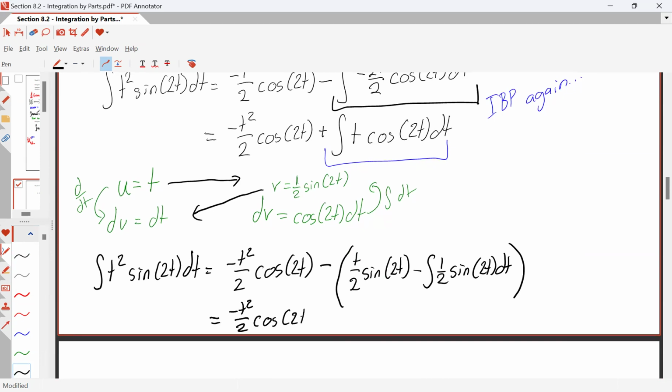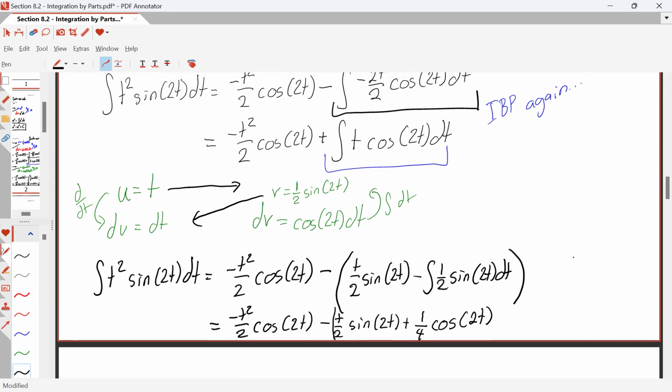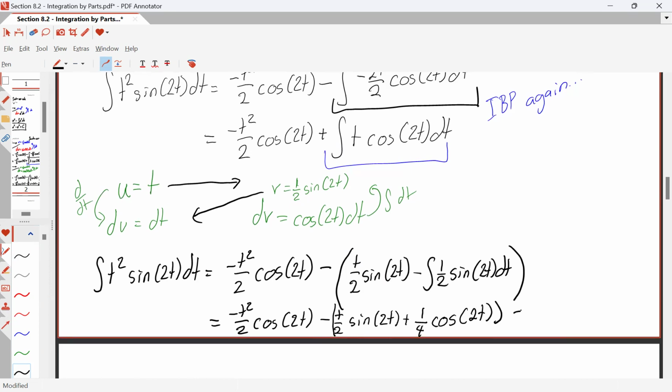Copying everything down first. The integral of sine is negative cosine. Negative of a negative cosine would be a positive 1/4, from 1/2 times 1/2, cosine 2t plus c.